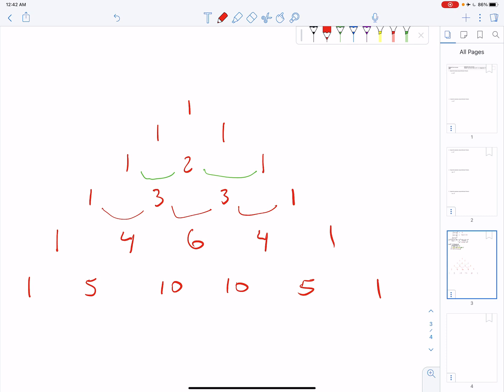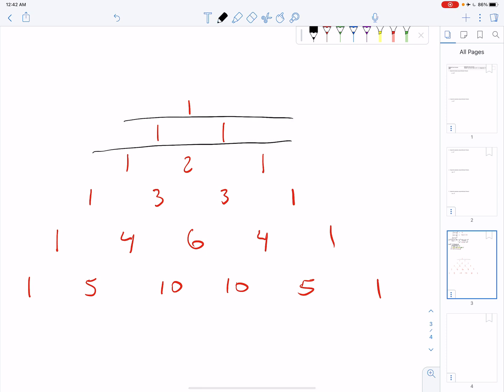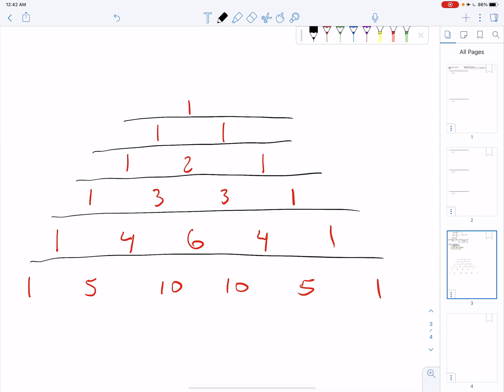Let me get rid of some of these little connecting pieces. Also, I think I'm going to write this so we can make sure our eyes focus on the line that we're talking about.